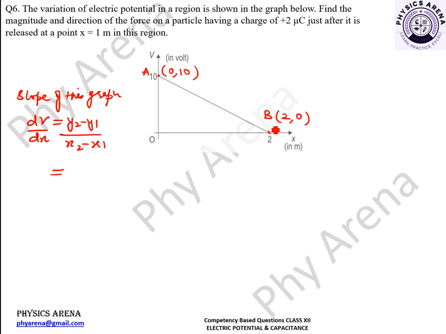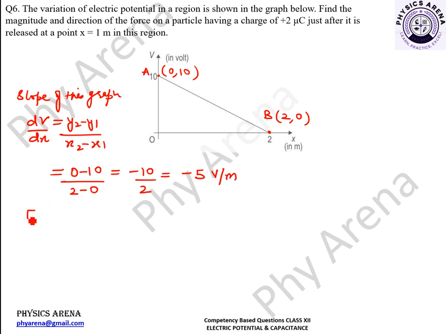So this is my B point x2, y2 and A point is x1, y1. So I can write y2 minus y1 as 0 minus 10 divided by 2 minus 0, and that will give me minus 10 upon 2. That will be equal to minus 5 volt per meter.